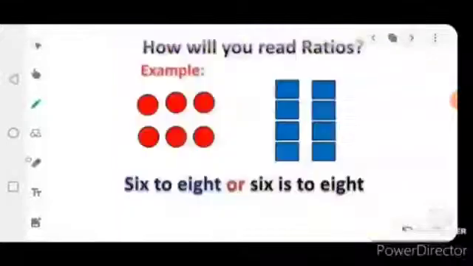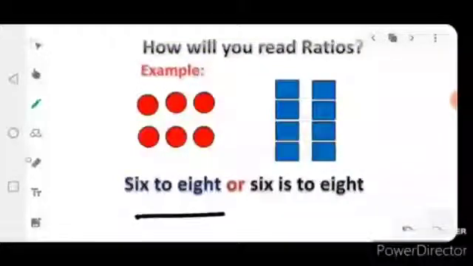Now, how will you read the ratio? You can read the ratio 6:8. You can say circle and rectangle, or red color and blue color.